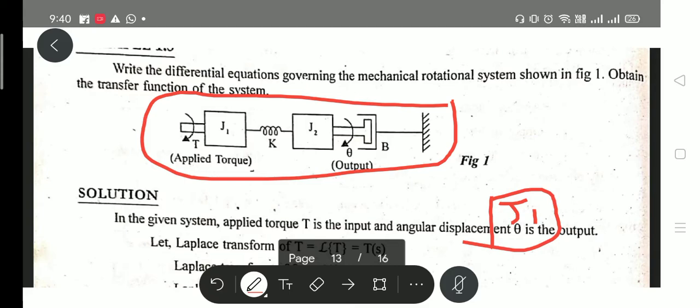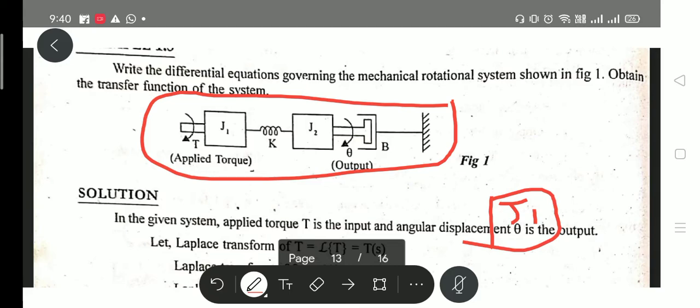Here T is the input and theta is the output: torque is the input and angular displacement is the output. In the translation system, force is the input and displacement x is the output.